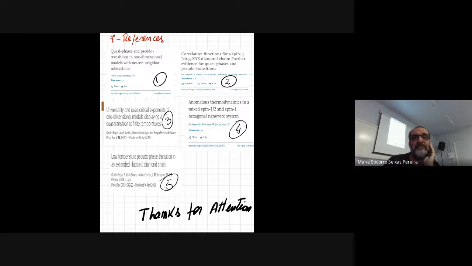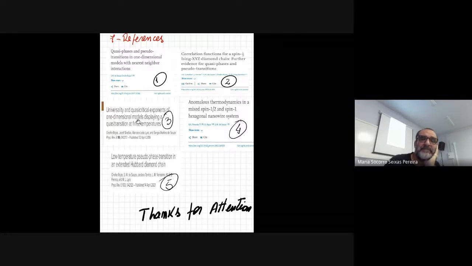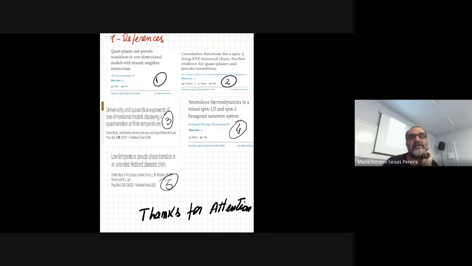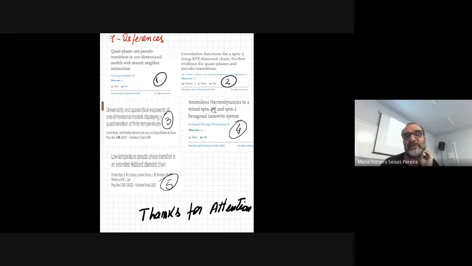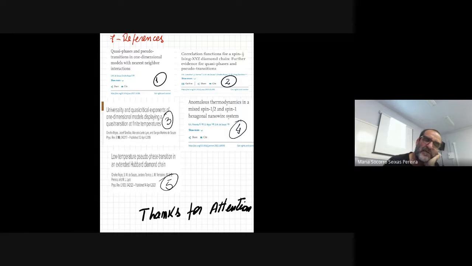Here you have a work where we studied the critical exponents. Here we have work about the nanowire. Here we have the work on the Hubbard model.